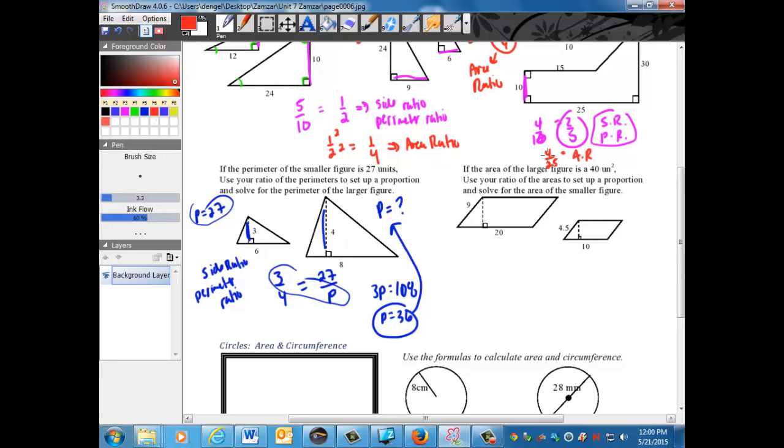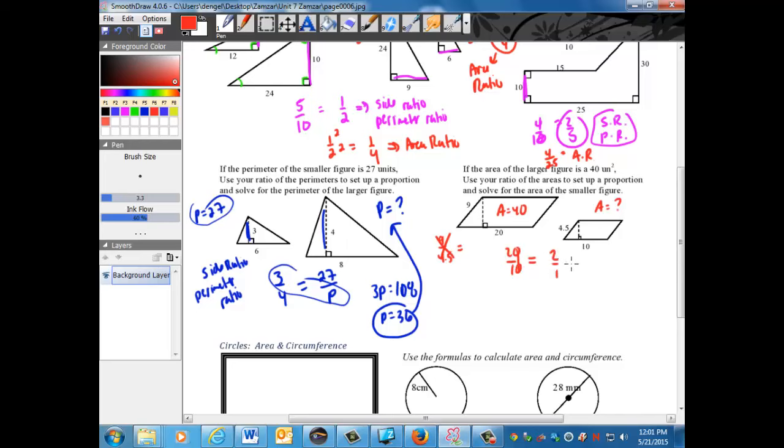All right, next, we're told the area of the larger figure is 40, and we do not know the area of the smaller figure. If you start with 9 over 4.5, this is a challenging fraction to reduce, so I'm not going to use 9 over 4.5. I'm going to use 20 over 10, because 20 over 10 is much easier to reduce. We get 2 over 1.